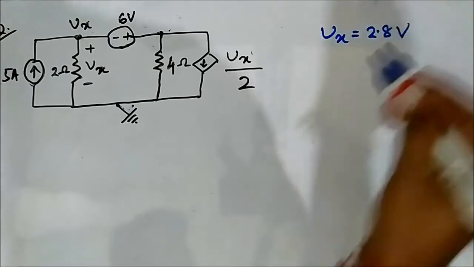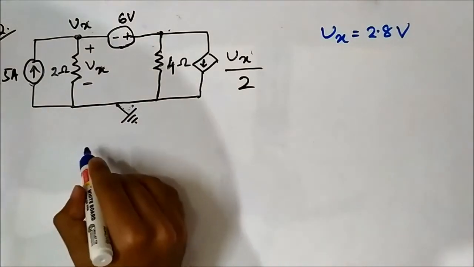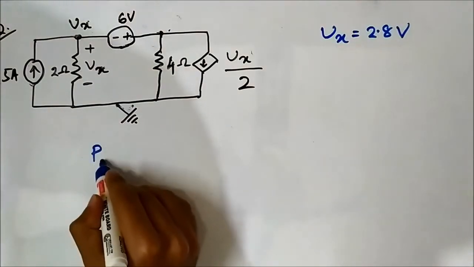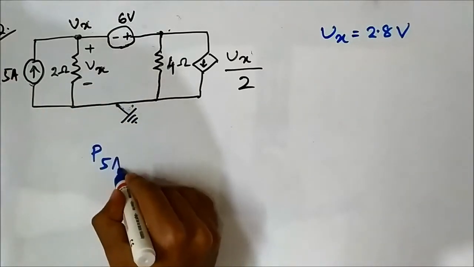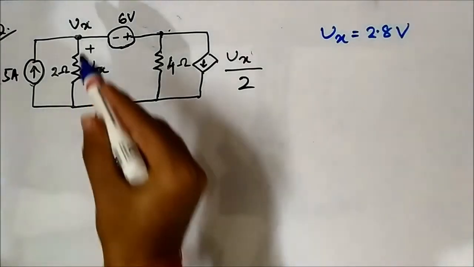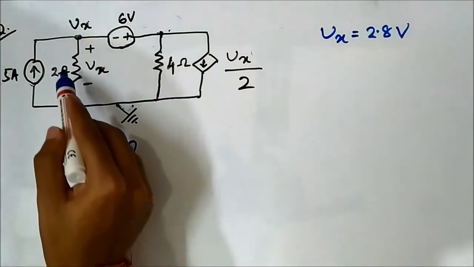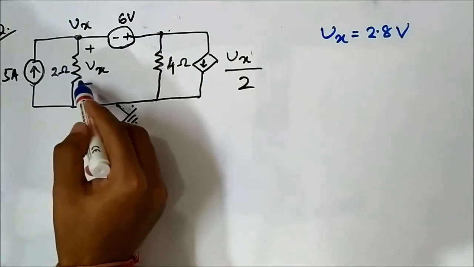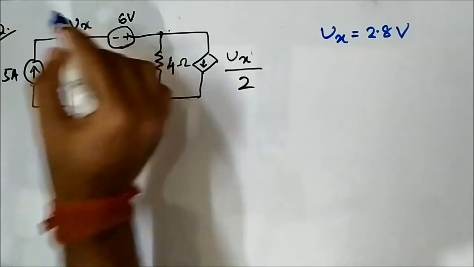Now it has been asked to find out the power supplied or absorbed by the 5 ampere independent current source. Here Vx is the voltage drop across the 2 ohm resistor. So the voltage at this point is Vx.